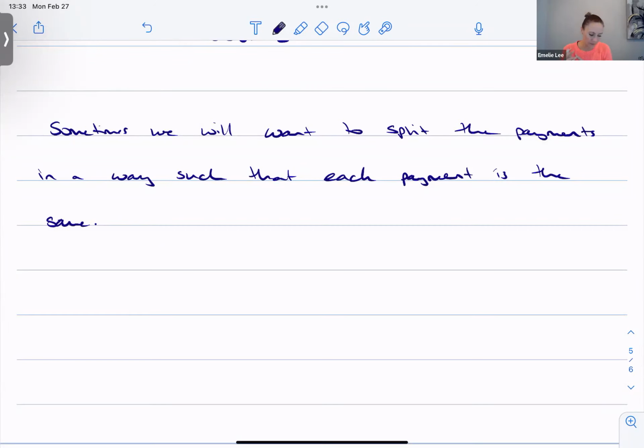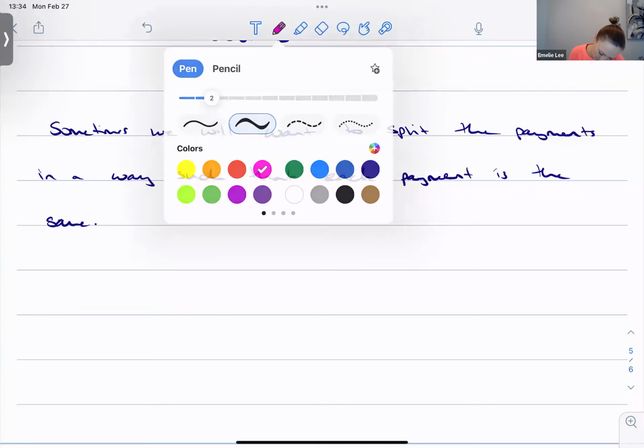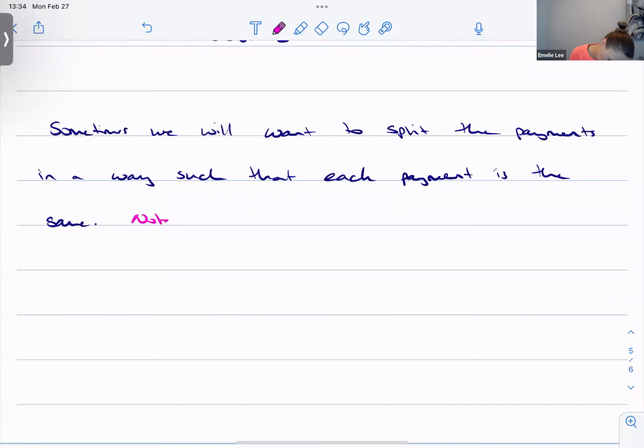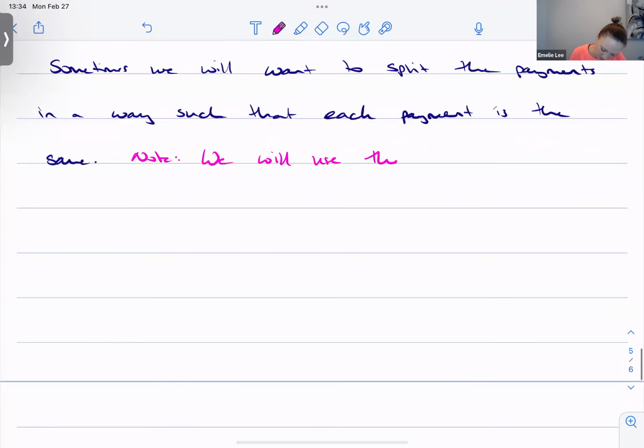So I have an example to show you, and here I'm going to show you the trick, and we're going to use this trick a lot. Okay, so here, note, we will use the following trick. It's not a trick. We're just solving the problem, but people feel it's a trick. It's not.